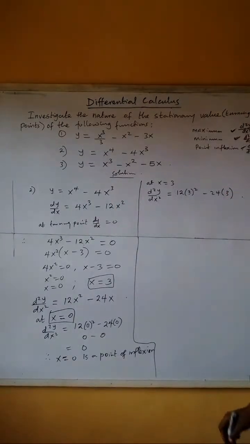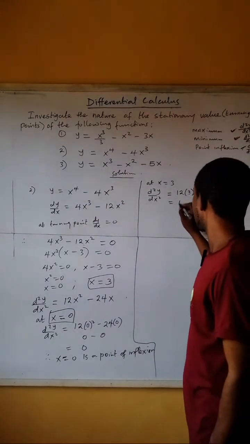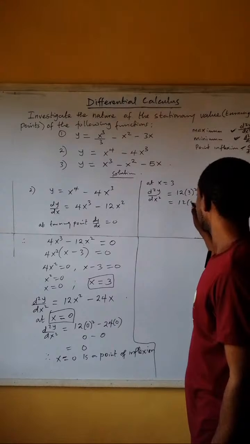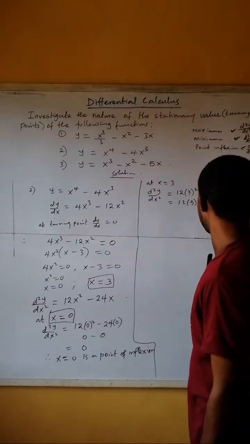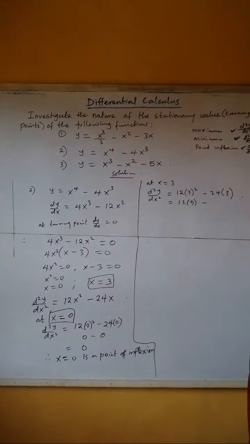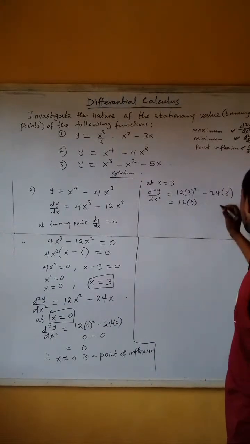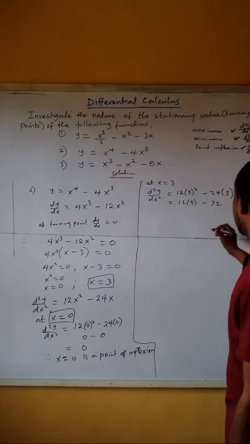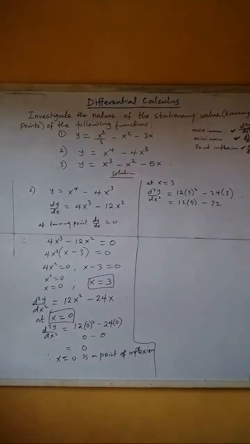Then from what we have here, this is the same thing as 12 times 9, 3 squared is 9, then minus 24 times 3 there, we have 72 from here. Then we have 12 times 9, that's 108.